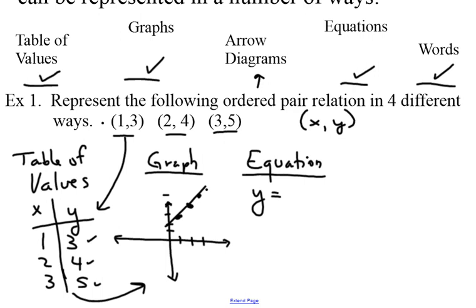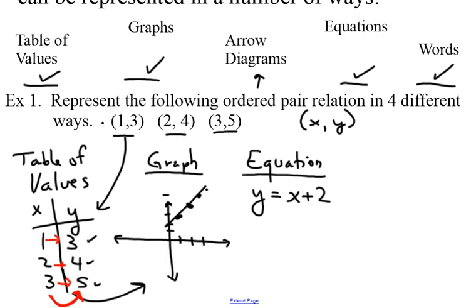So if we go back to our table of values, because I find personally the table of values is a great way to come up with an equation, how are we turning every x value into its y value here? 1 becomes 3, 2 becomes 4, 3 becomes 5. How do all of those change? Well, every x value is being increased by 2. So there's the relation as an equation.